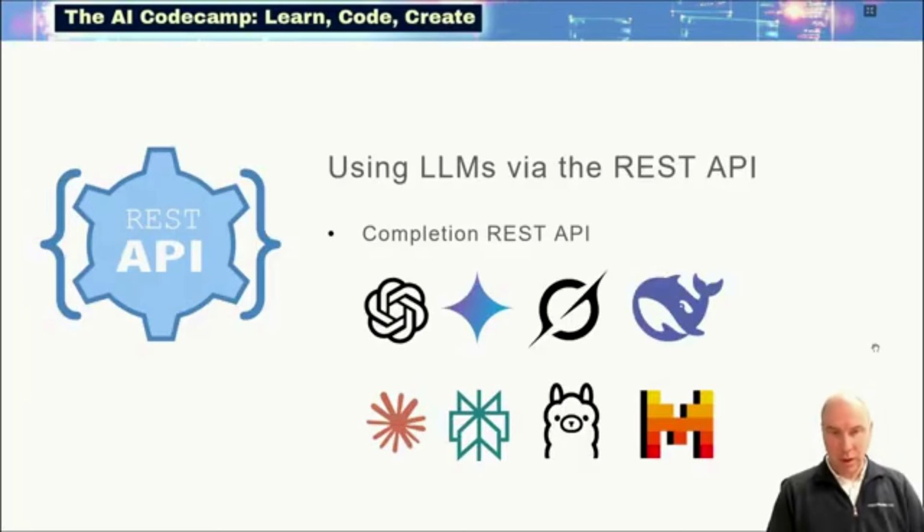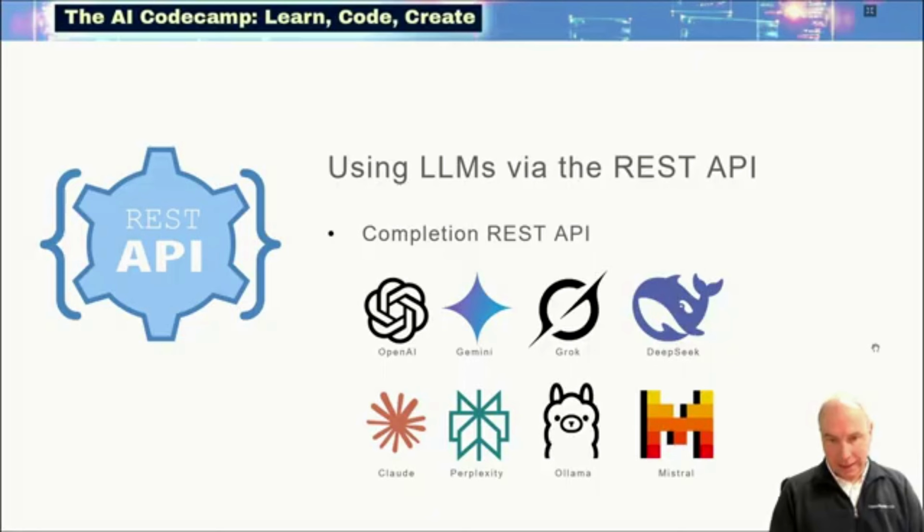We are going to cover and look at how you can use LLMs, large language models, via a REST API and to do that from Delphi applications. The LLMs that we are covering at this moment, the icons are shown here on this screen. And for those who are not familiar yet with these icons or logos, these are the names of the LLMs.